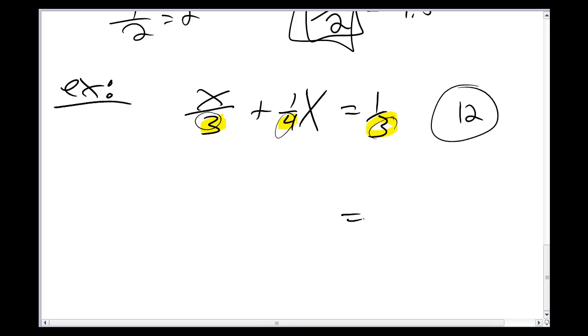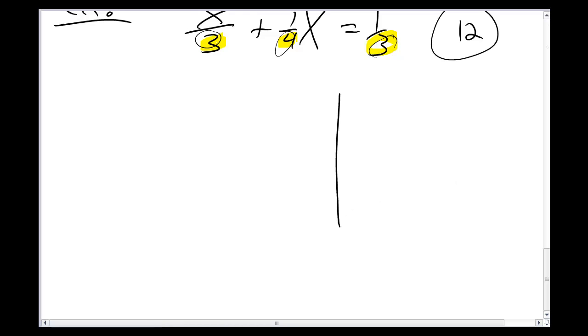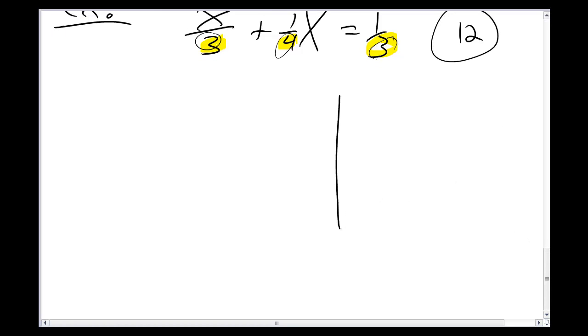I want to do this to the right side, so I'm going to have to do it to the left side as well. I'm going to do two things here with my little equation. On the one hand, here's what we write. This is the formal math way of getting the job done. On one side, I have x over 3 plus 1/4 x.